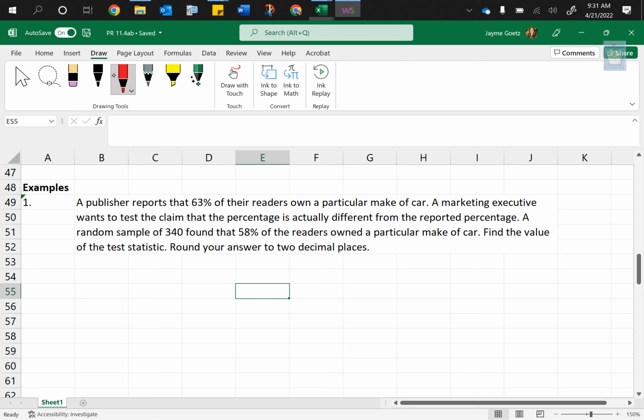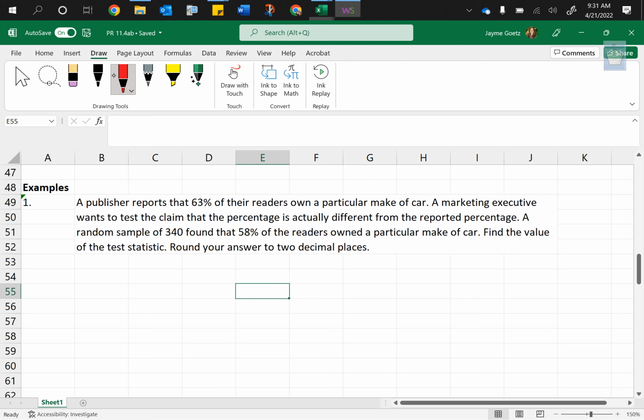A marketing executive wants to test the claim that the percentage is actually different from the recorded percentage. A random sample of 340 found that 58% of the readers owned a particular make of car. Find the value of the test statistic and round your answer to 2 decimal places.